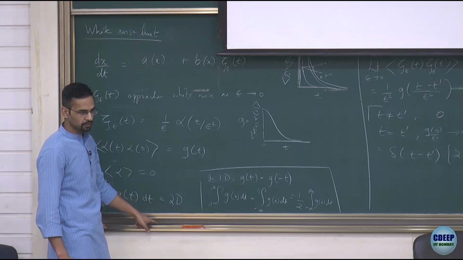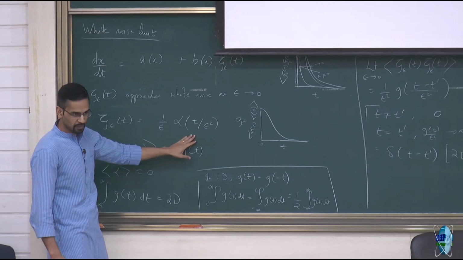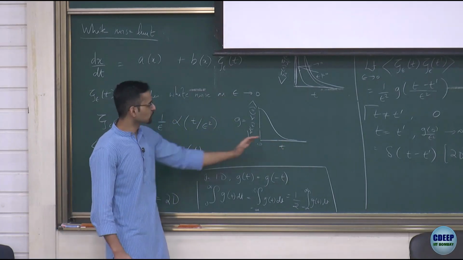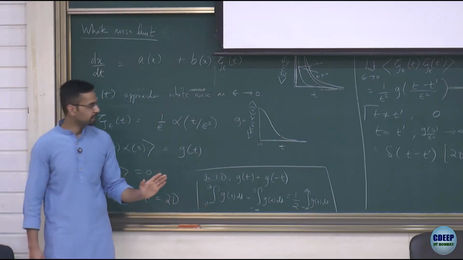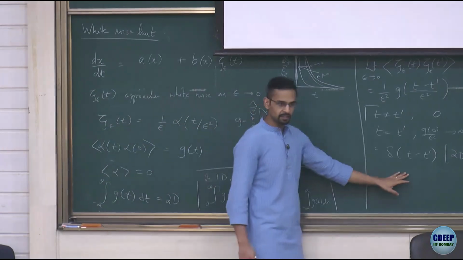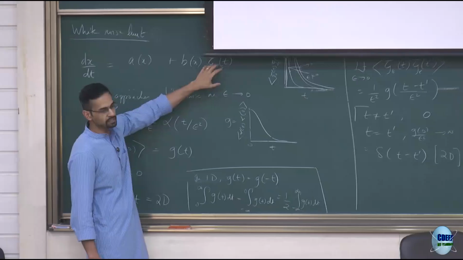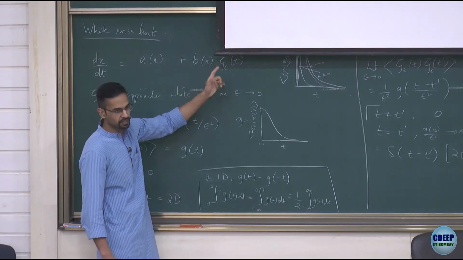I'm starting with this, which for any epsilon is some nice correlated process with some autocorrelation function. But as epsilon goes to 0, that function gets more and more singular, more and more like a Dirac delta, and in the end I will get a Dirac delta. So the epsilon tending to 0 limit is white noise. Then this zeta 0 is exactly like how Langevin took white noise with infinite variance and 0 mean.